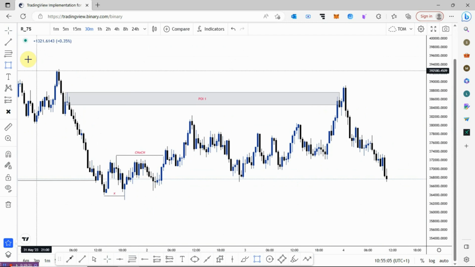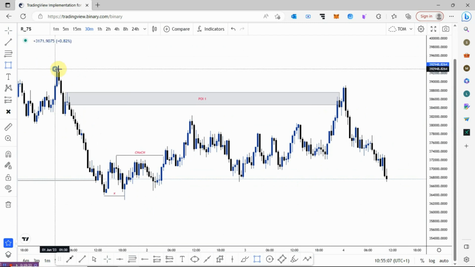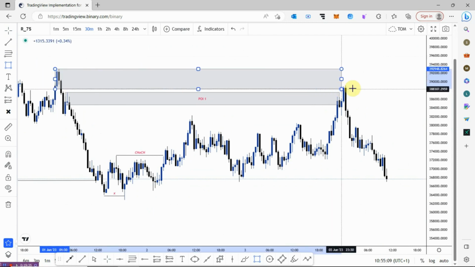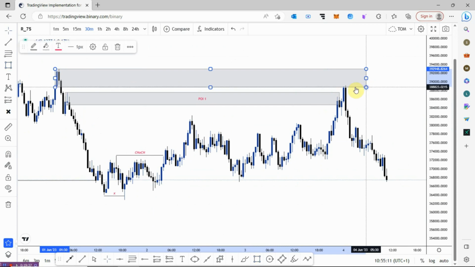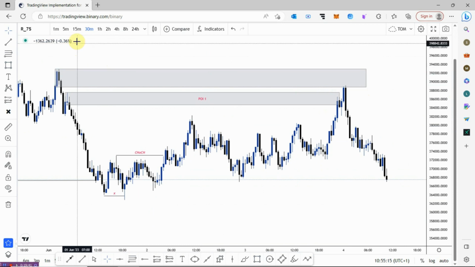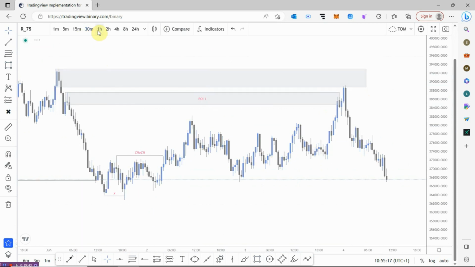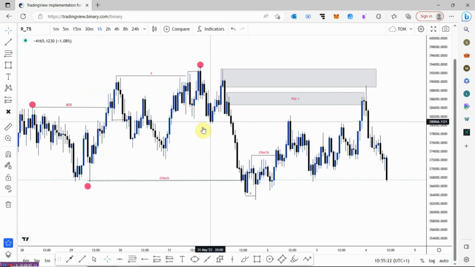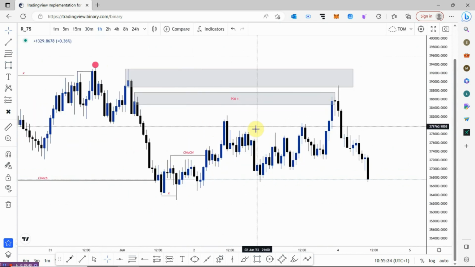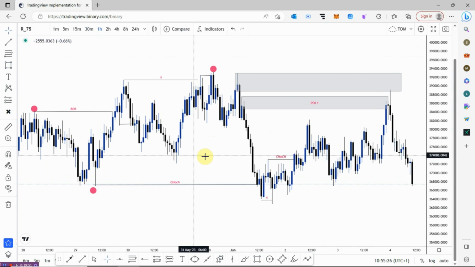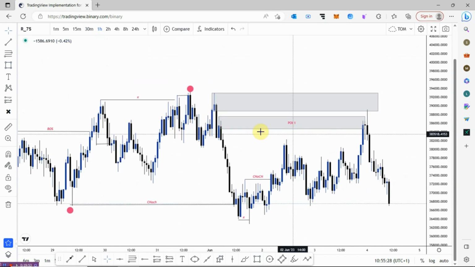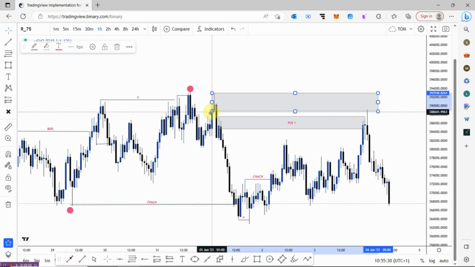And then the second POI was this one, the extreme high. Okay, actually this is very clear on the H1. That was where I got to know that price is likely going to break through this. So as you can see on the H1 time frame, it is very clear here.